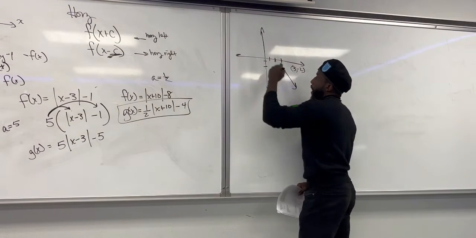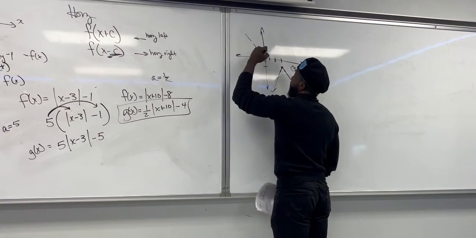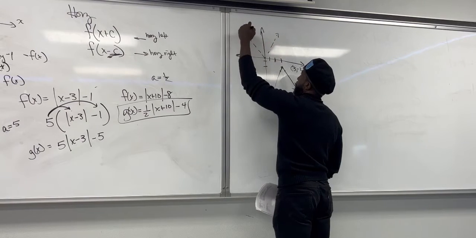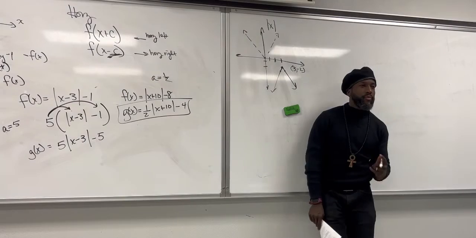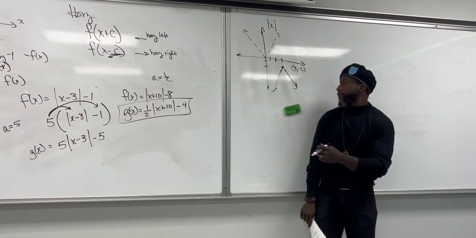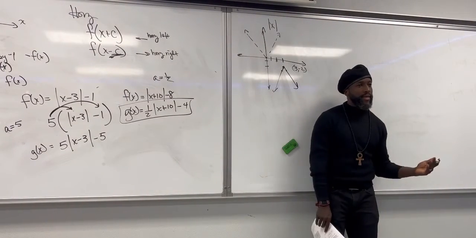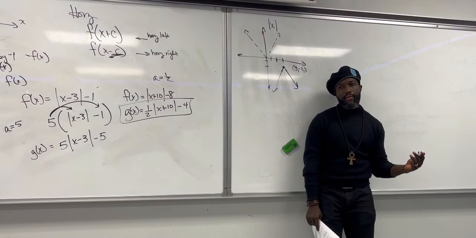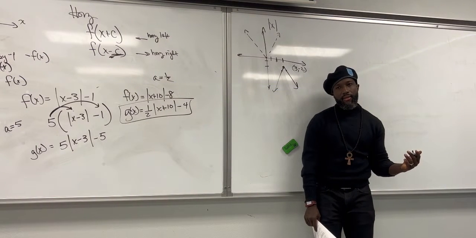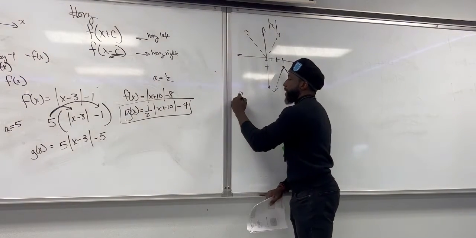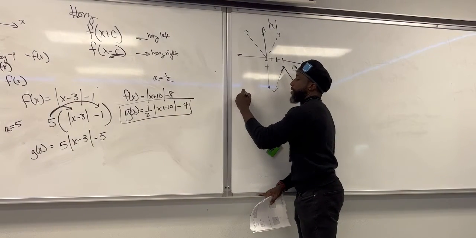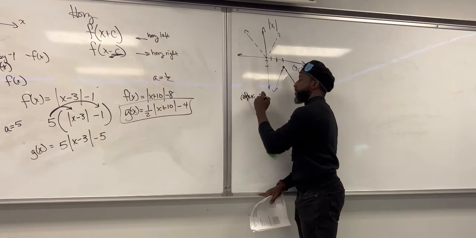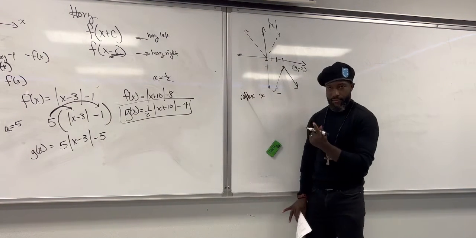Okay? And we're coming up with this equation based on the parent function, the absolute value of x. So what you want to do is identify all of the transformations. What are all the transformations you see here? Horizontal, vertical, and reflection. Reflection about the x, so that means it's going to be negative, right?